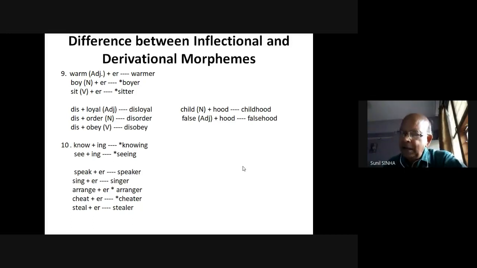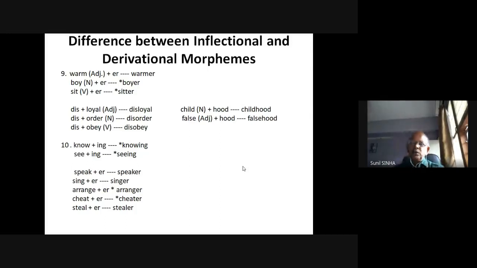So now remember this, a particular inflectional morpheme can be added only to a word belonging to that particular part of speech. Whereas a derivational morpheme can be added to different parts of speech, words belonging to different parts of speech. Right. That is a very important difference.